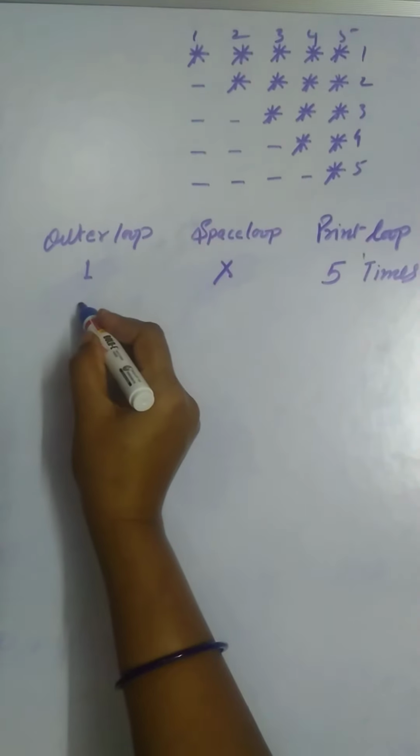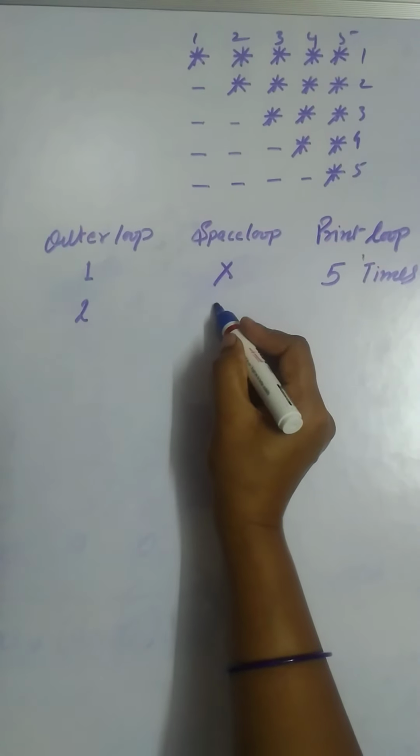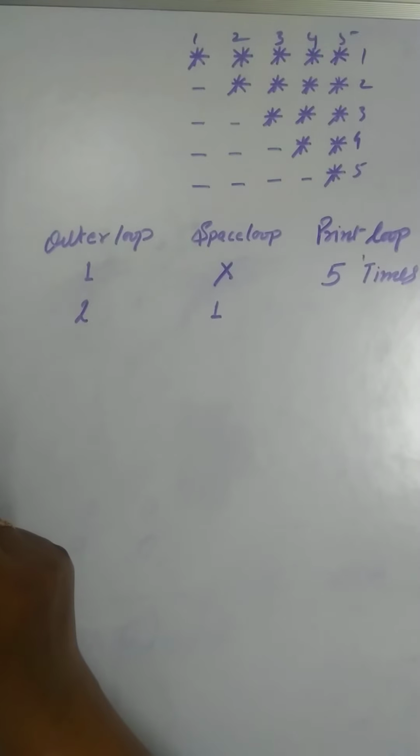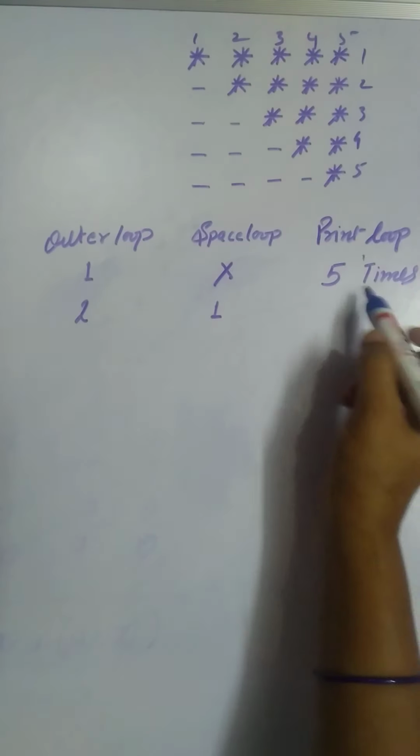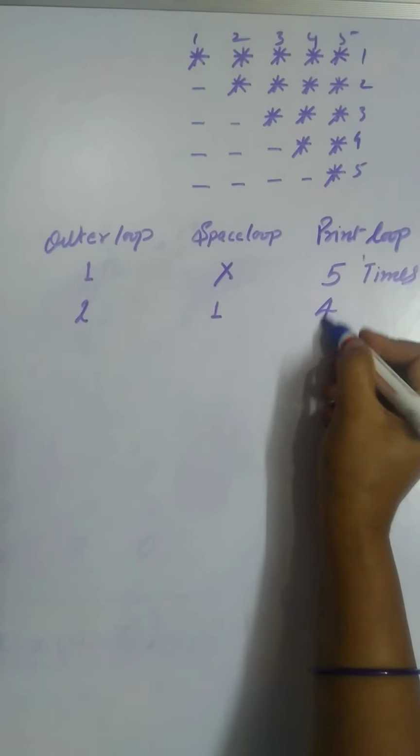When your outer loop runs the second time, in the second row one space is there, which means the space loop runs one time to print one space. And this loop prints 4 stars, 1 2 3 4, so this loop executes 4 times.